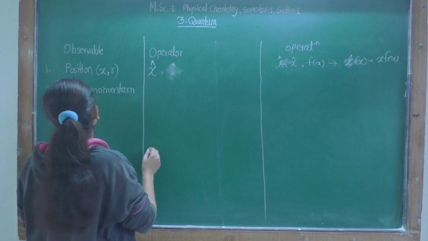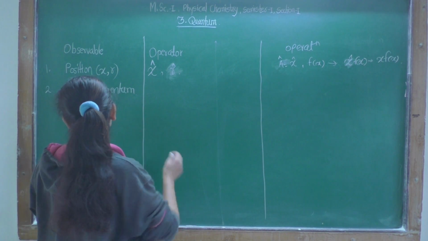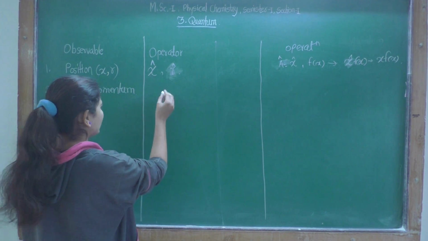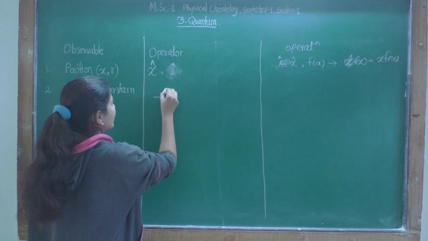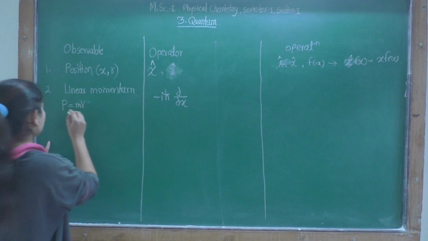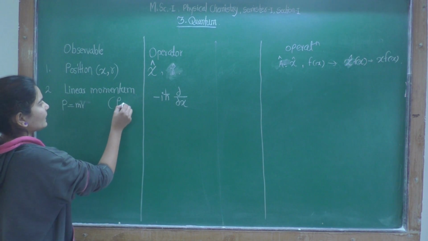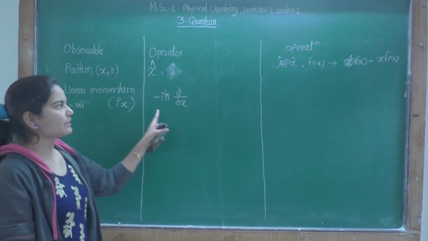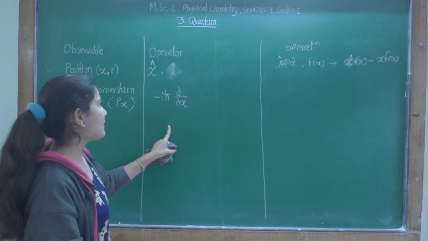In quantum mechanics, the operator for Px is minus i h cross del by del x.